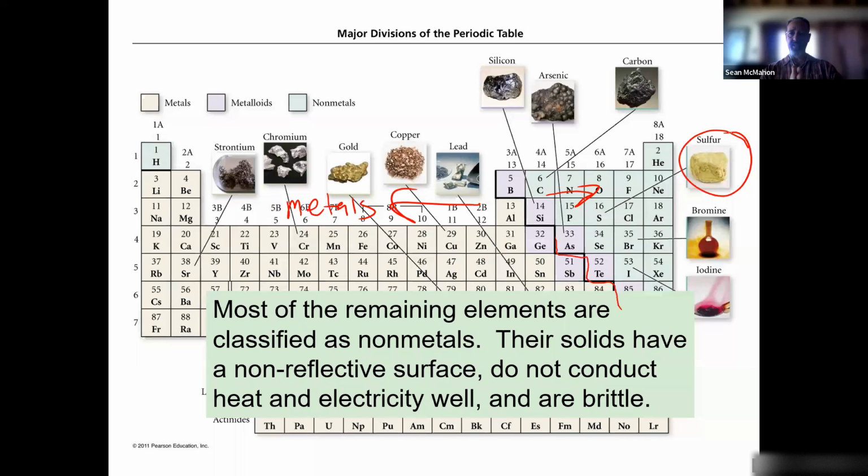So they're everything that a metal isn't. They're like the opposite. So that makes it kind of easy. If I know what metals are, nonmetals are just the opposite, right? They're not shiny, they're not lustrous. They're dull in color. They don't conduct heat and electricity. They're not malleable, they're brittle, okay?